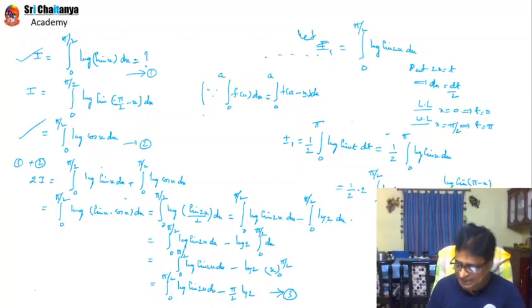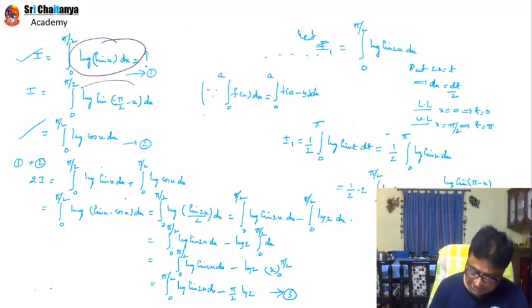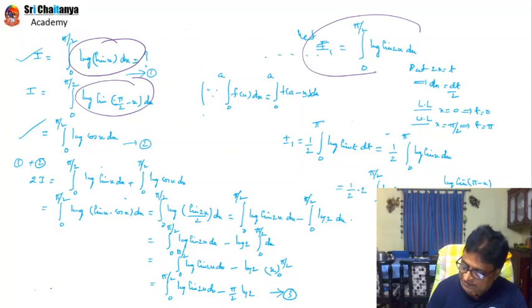See, several things here we have identified. Important observations are, this is one result, this is another result, and this is another result. Almost all are similar.